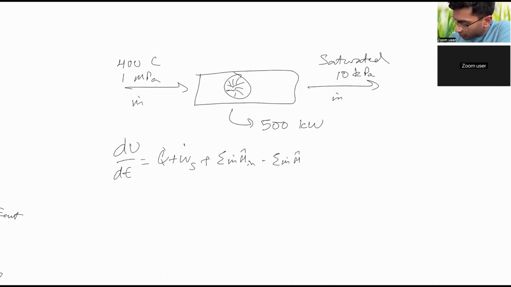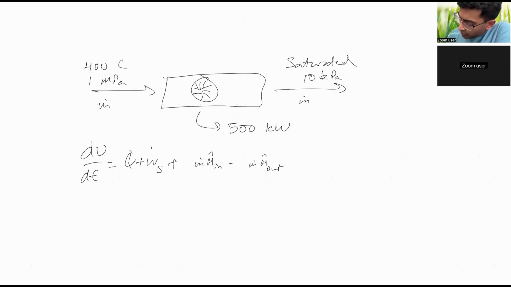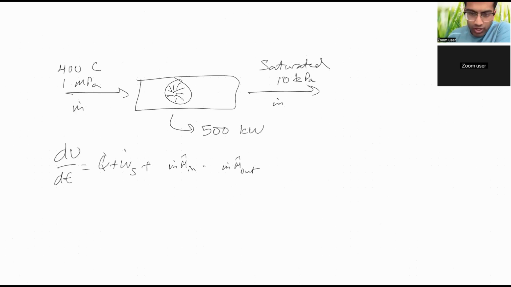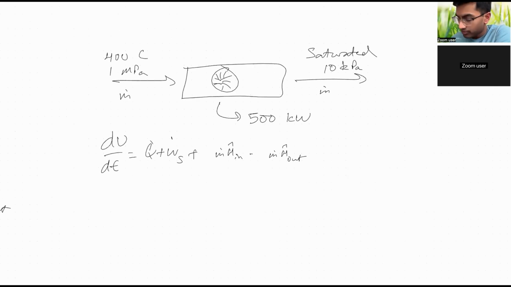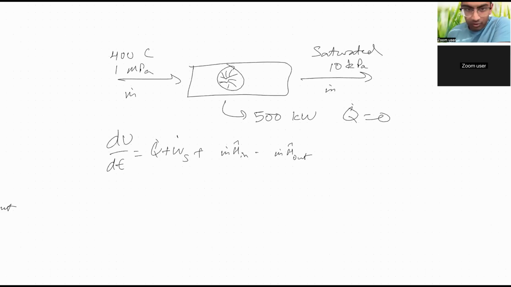And honestly, I can just get rid of these sigmas because there's only one species coming in, and that's steam. And then there's no change in kinetic energy or potential energy, so I'm just going to leave those out as well. And this is our total balance. Oh, one thing I forgot to mention about the problem. My bad. This is an adiabatic system, so we're assuming Q is equal to 0. So that gets canceled. We're at steady state, so dU/dt gets canceled.